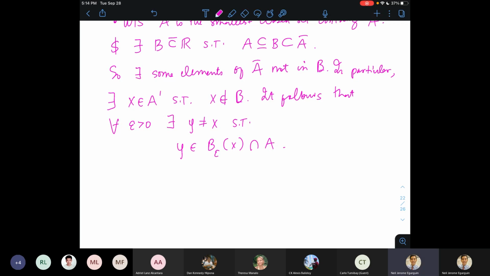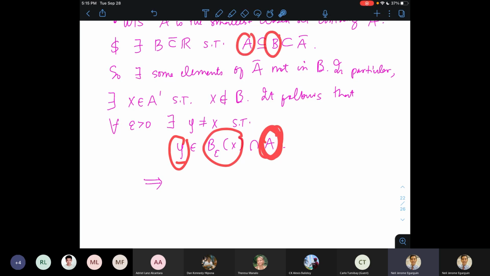But what do we know about the set A? The set A is a subset of the set B. So kung nasa set A si y, so si y ay nandito at saka nandito rin siya. So kung si y ay na kay A, si A subset ni B, ibig sabihin si y dapat na kay set B din.